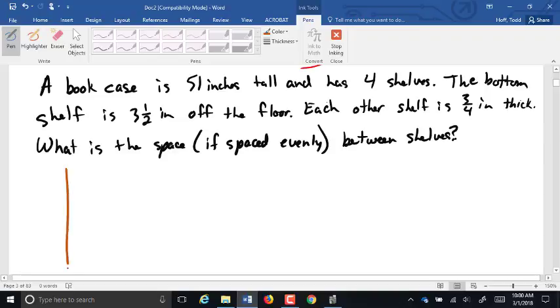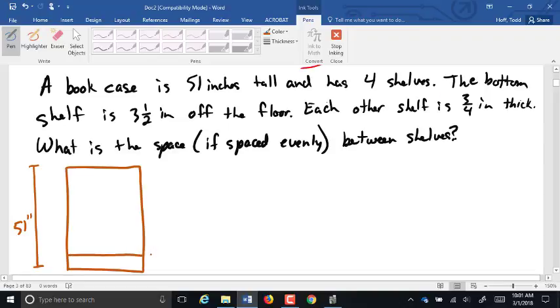Let's see. So we have this diagram here. This is a total of 51 inches. But we said the bottom shelf, or the top of the bottom shelf, is 3.5 inches off the floor. So that's one shelf.